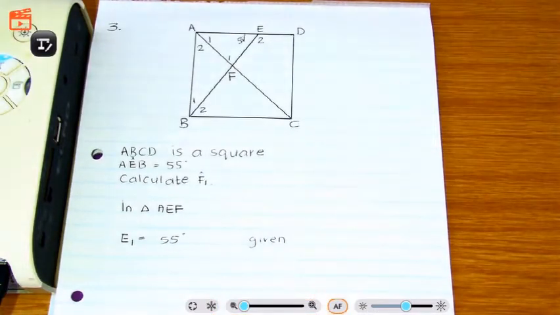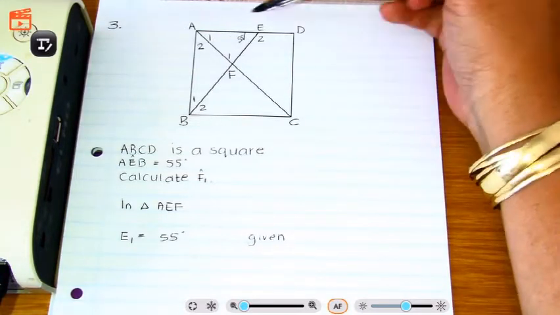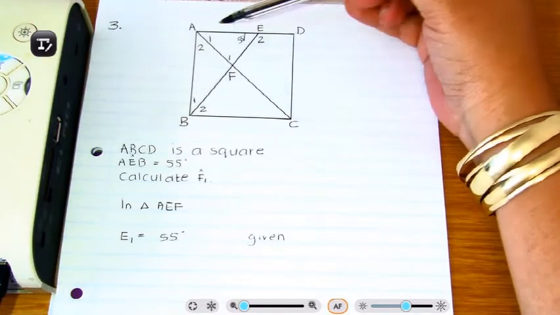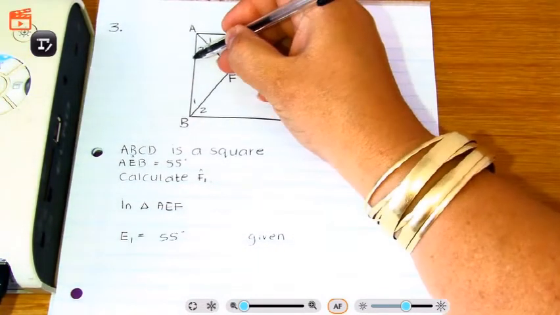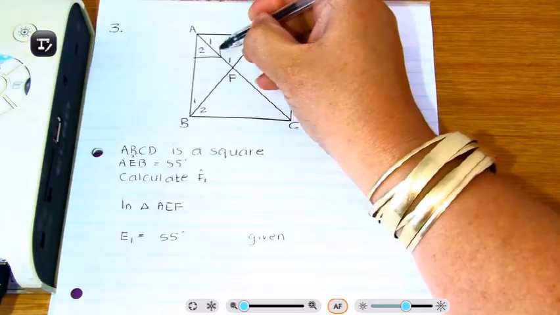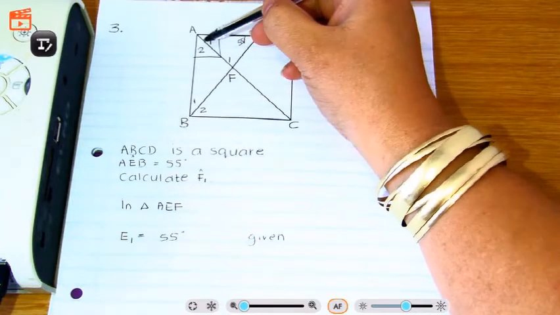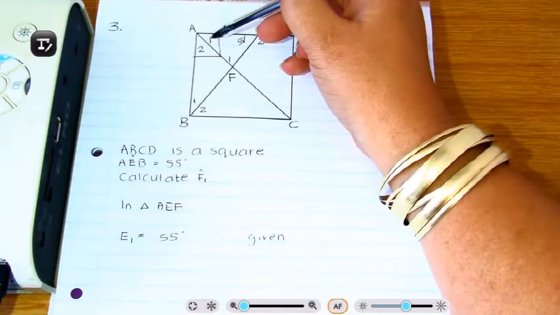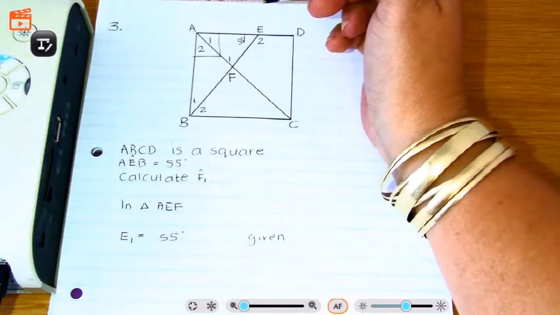Okay, the second thing that we should know, because they tell us it's a square, is that our diagonals bisect the corner angles. Now these corner angles of a square are 90 degrees. So if my diagonal bisects 90 degrees, it means that A1 and A2 are both equal to 45 degrees.